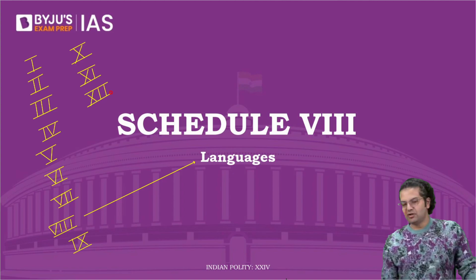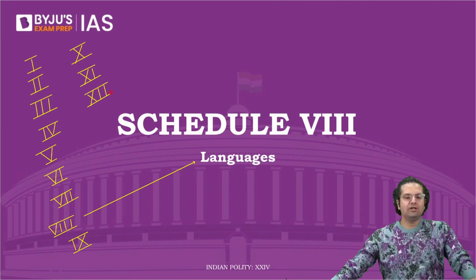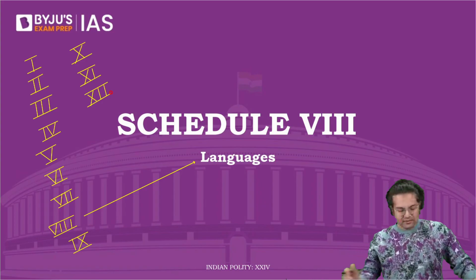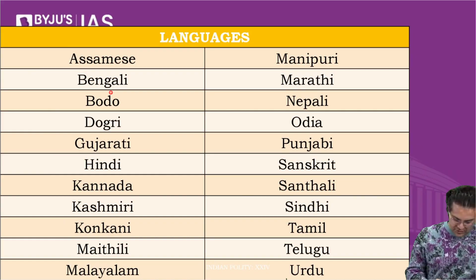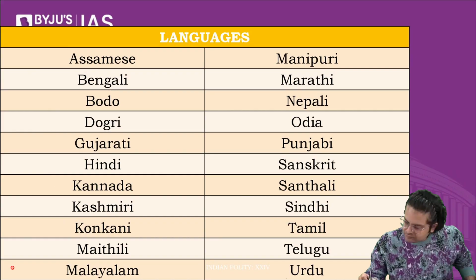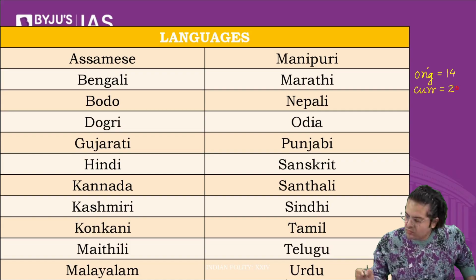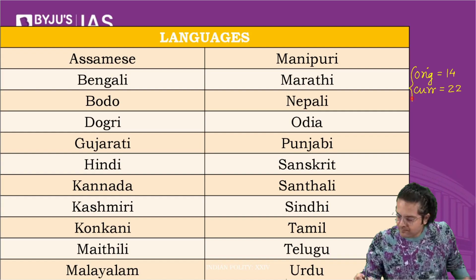Now the 8th schedule, list of all the official languages. Okay. These are the 22 official languages. Originally 14, but currently 22. Okay.